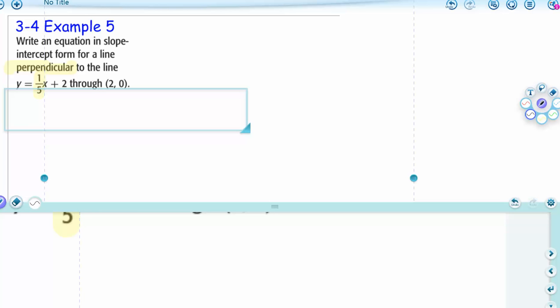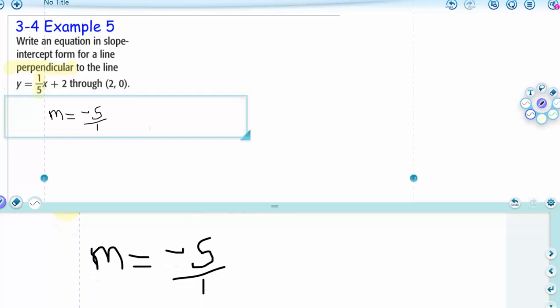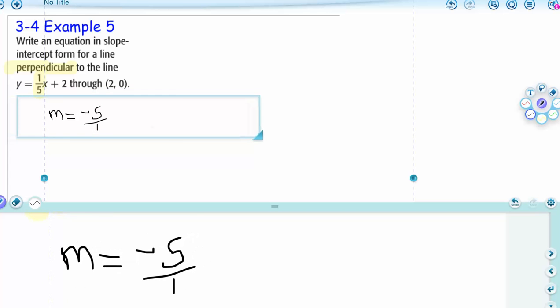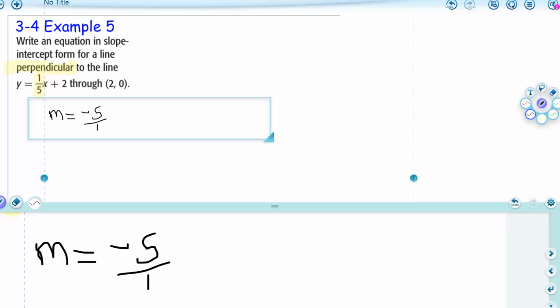So the slope for the line that I need to write an equation for is going to be -5/1. And then it has to go through point (2, 0).